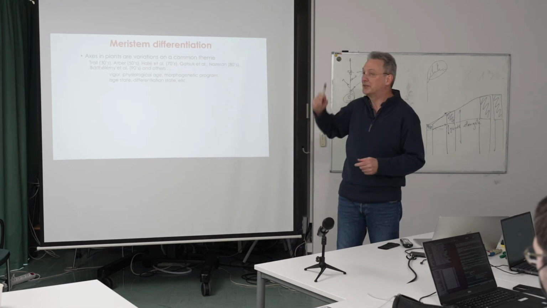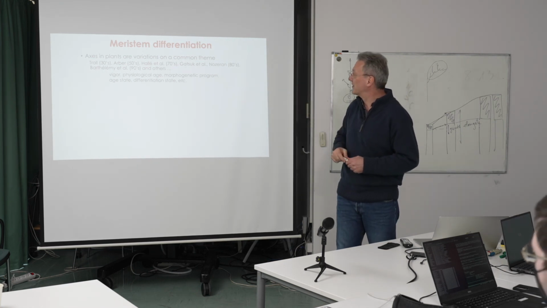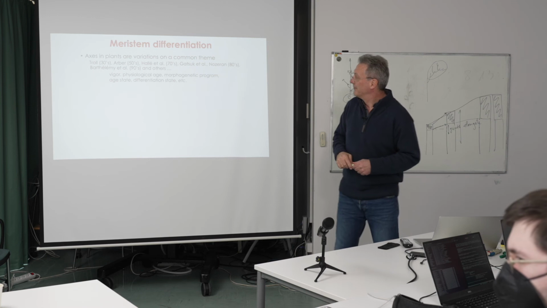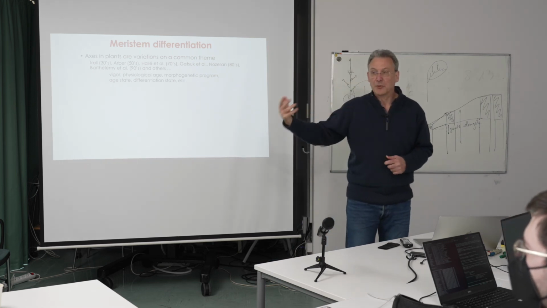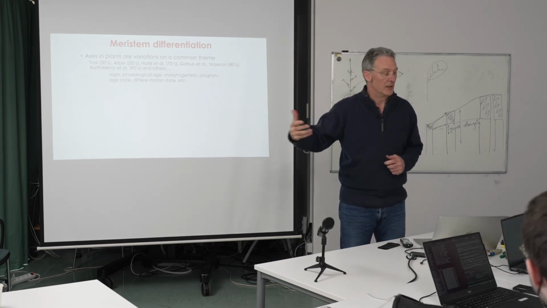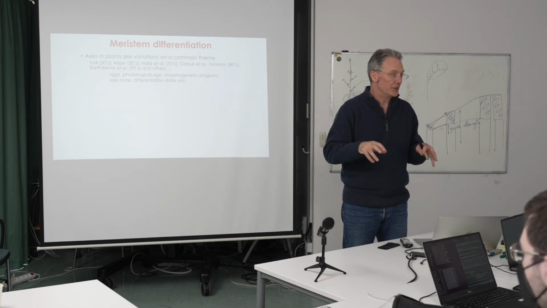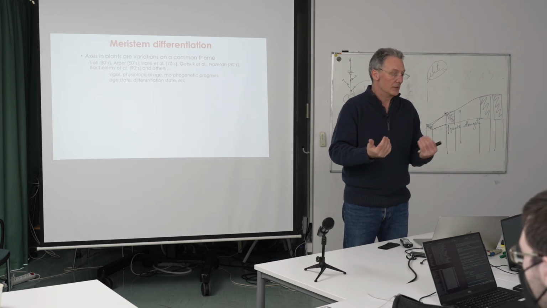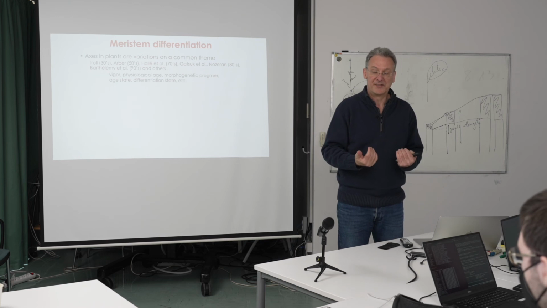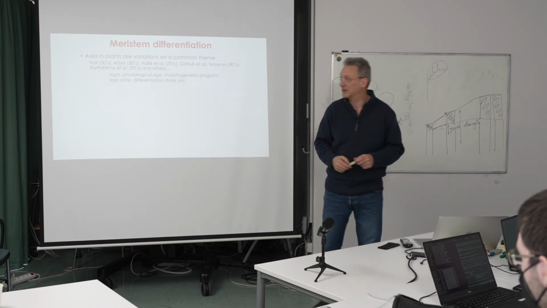So I just call it physiological age. You could also relate this to the meristem differentiation as well. So all this corresponds to different terminology that reflects the same profound botanical idea behind.